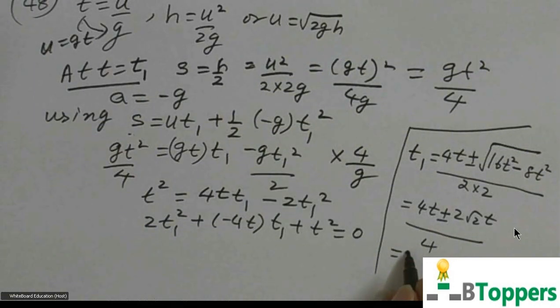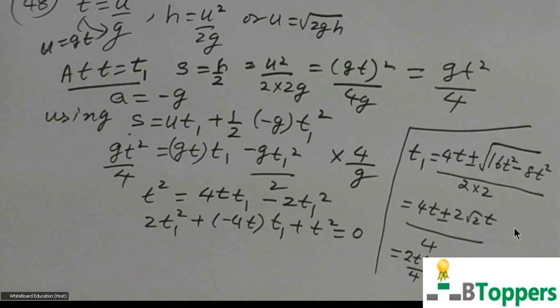If you want to copy the solution of the problem, you can start copying the solution. You get two values of t1. The first value of t1 gives you the first instant of time at which the body is at half of the maximum height.